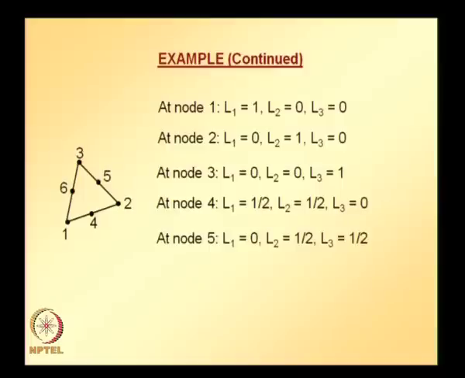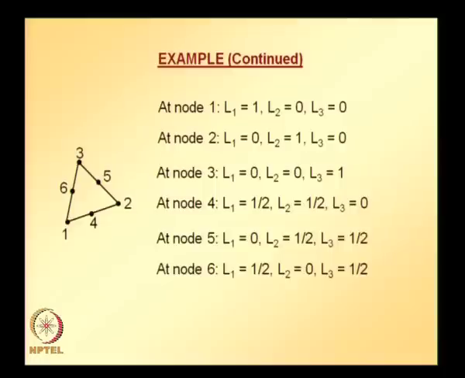That line is going to bisect the triangle again into 2 equal parts, and the area opposite to node 1 is going to be 0, the area opposite to node 2 is going to be half, and the area opposite to node 3 is going to be half. So, in that case L1 is 0, L2 is half, L3 is half. Similarly for node 6. I hope this is clear.